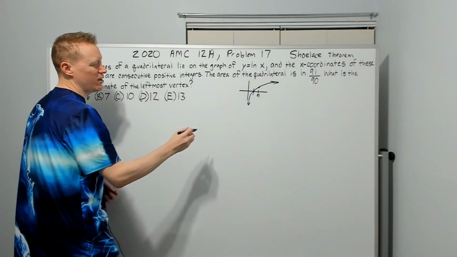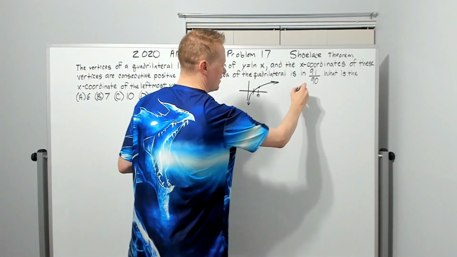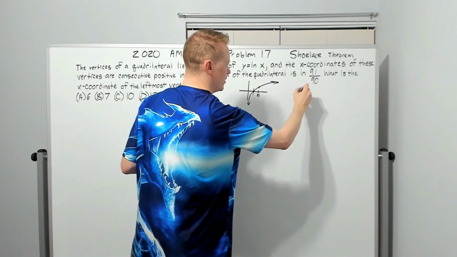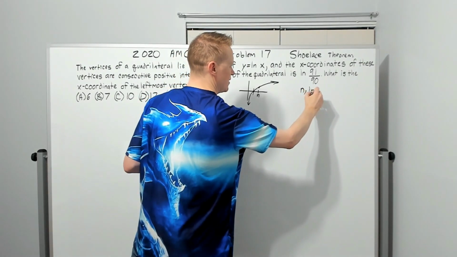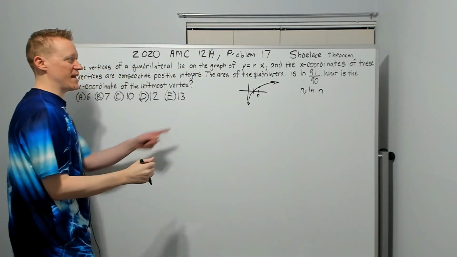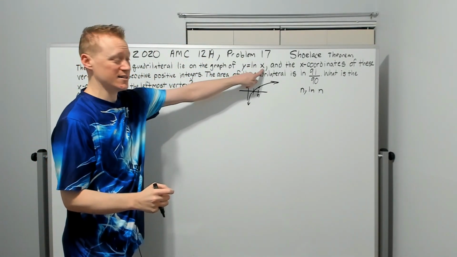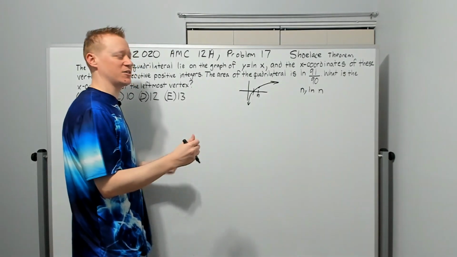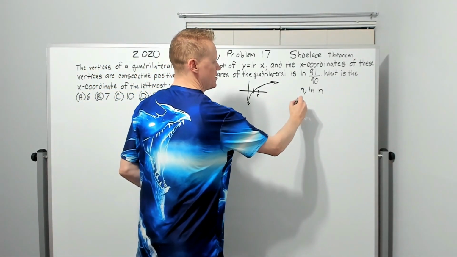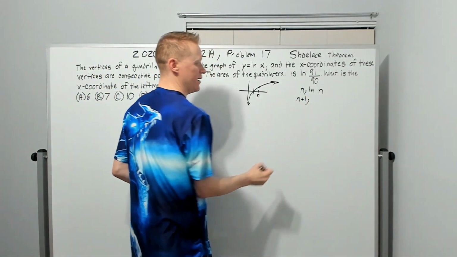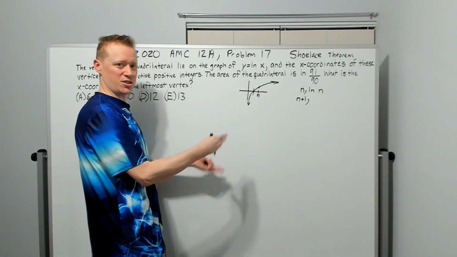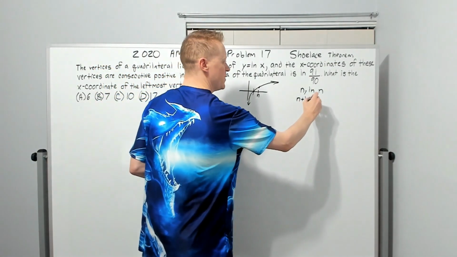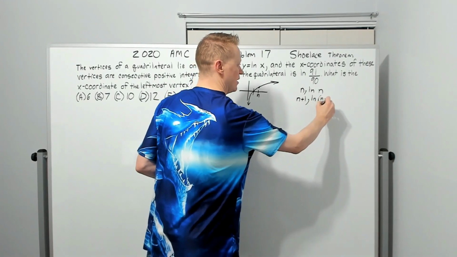So if we call that n, then the coordinate of it would be (n, natural log of n). Why would it be that? Because it's the natural log of x and we made x n. Logical, right? So then this is going to be n plus 1, which is consecutive integers. You add 1 to get to the next one, which means this will be the natural log of n plus 1.